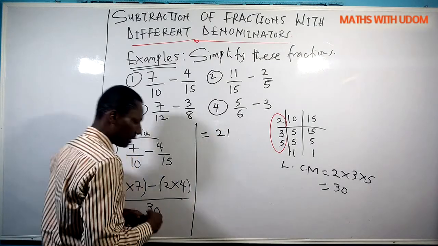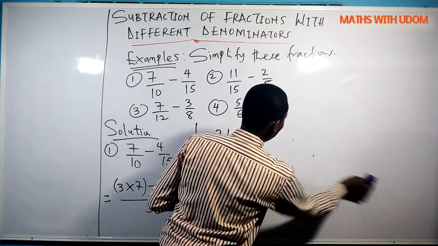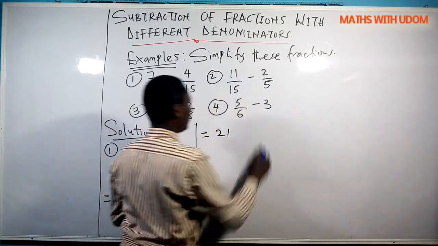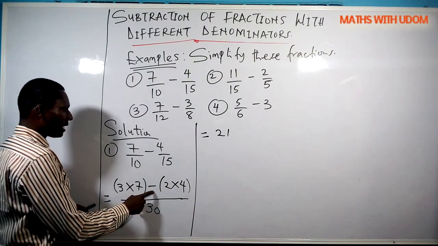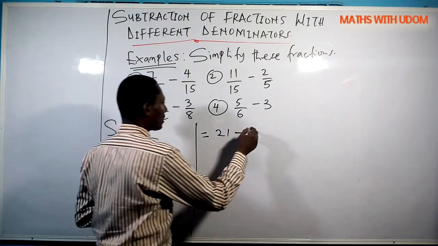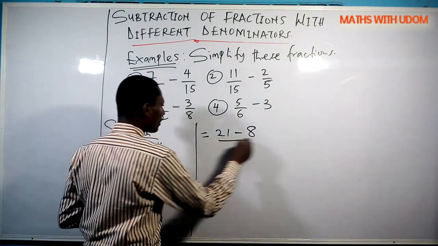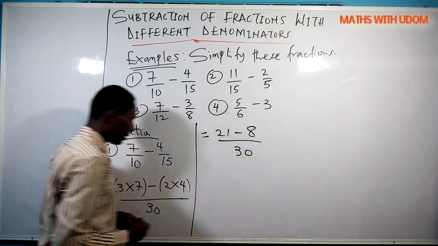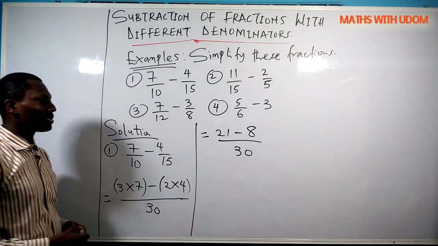Let's clean this side. So numerator 3 times 7 is 21 minus 2 times 4 is 8. Everything divided by our denominator 30. So 21 minus 8 will give us 13.